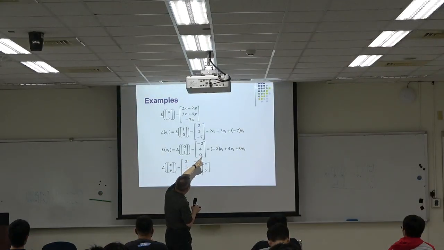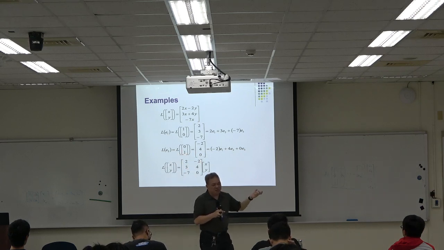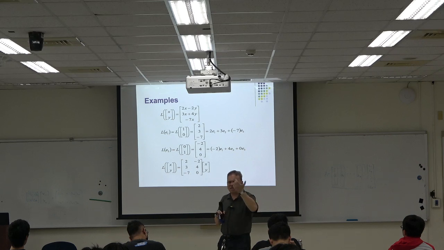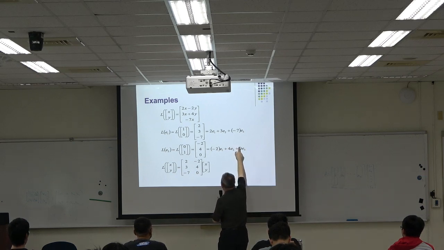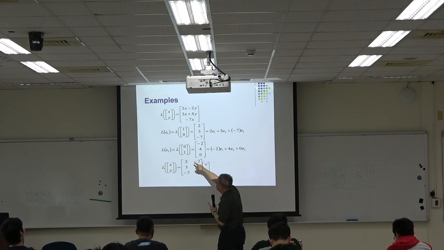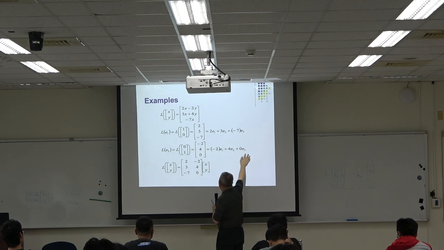So we use the standard basis for R squared. We use the standard basis for R3. Okay, so this one is like 2E1 plus 3E2 plus negative 7E3. And if you use 0, 1, it becomes negative 2, 4, 0. So it's like this.